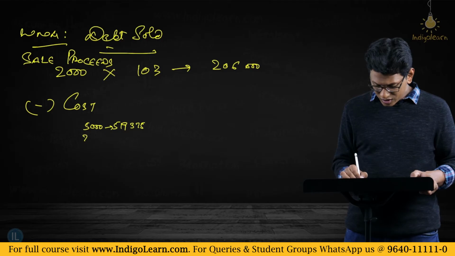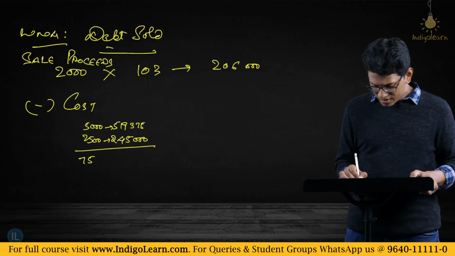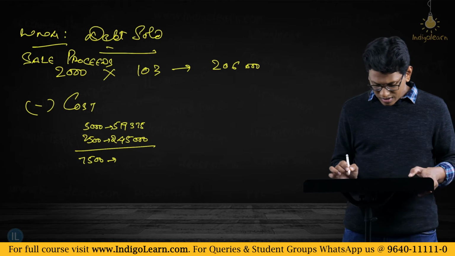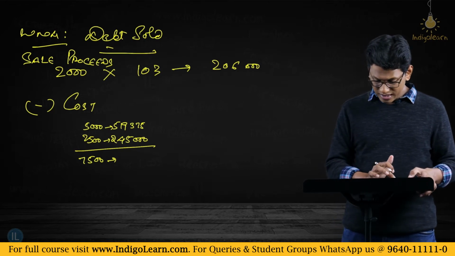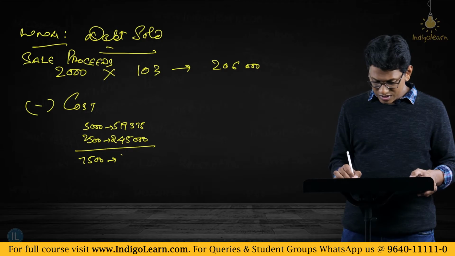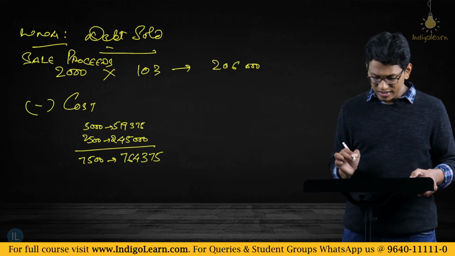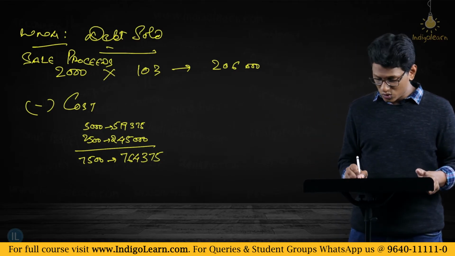We acquired 2,500 debentures at 2,45,000. So totally what do we have? We have 7,500 debentures at a cost of 5,19,375 plus 2,45,000, which is 7,64,375. That's the situation.